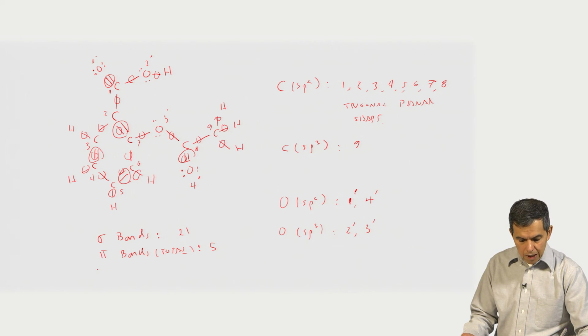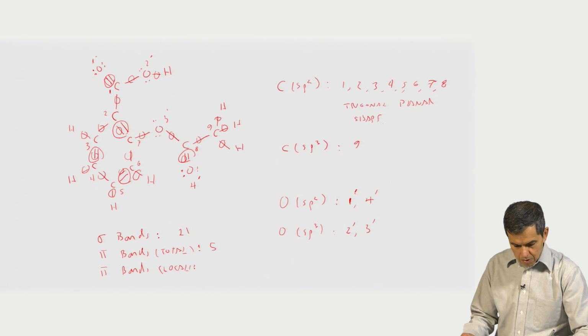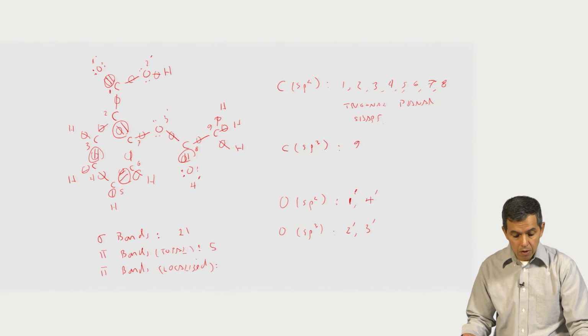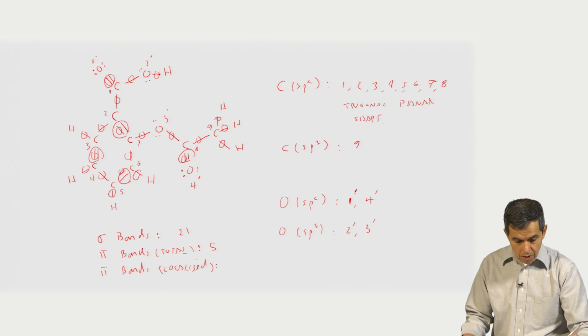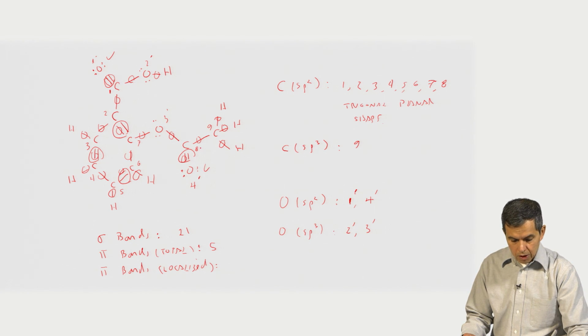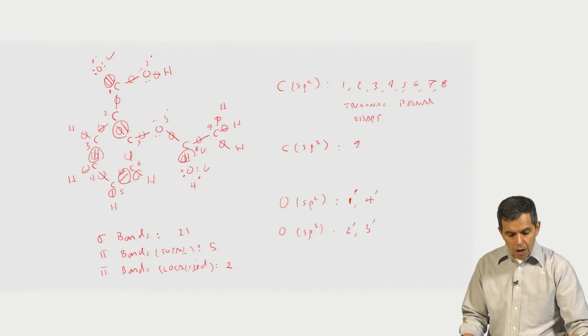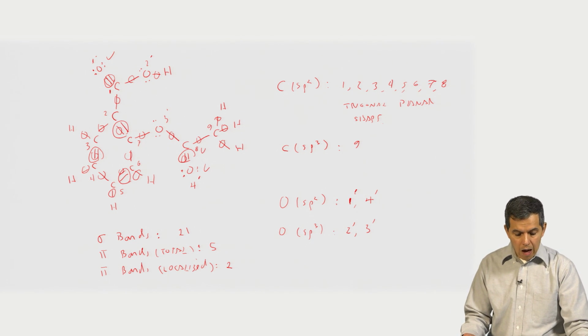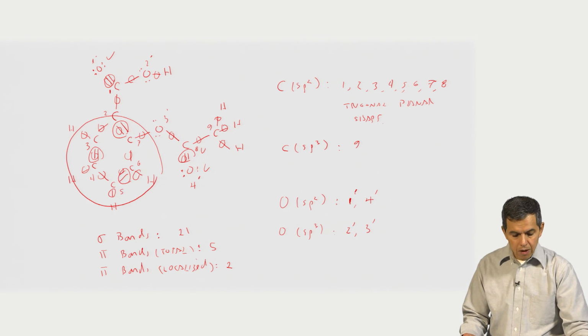And lastly, localized pi bonds, that is, those that do not have a resonance structure. We have only one corresponding to this oxygen and carbon, and one corresponding to this oxygen and carbon. The other pi bonds are delocalized because this part of the molecule here could potentially be written using different resonance structures.